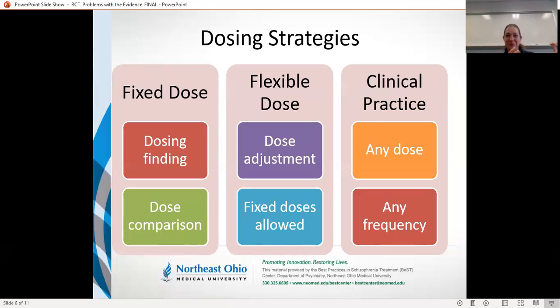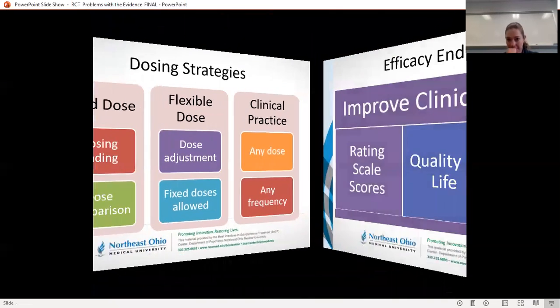So 1 to 4 milligrams may be plenty for many of those patients. So oftentimes when they have the fixed dose or flexible dose, those anchor points are the ones that are used because we have evidence to support that, but that may not always reflect the best decisions for clinical practice.